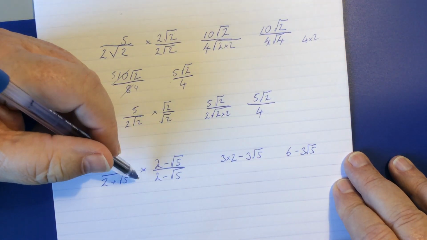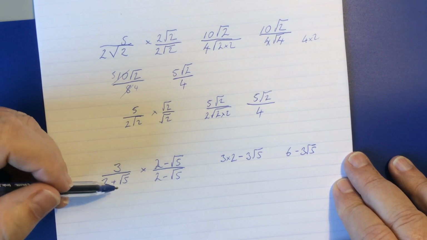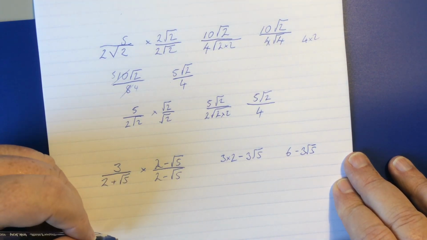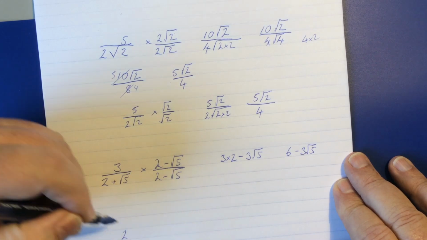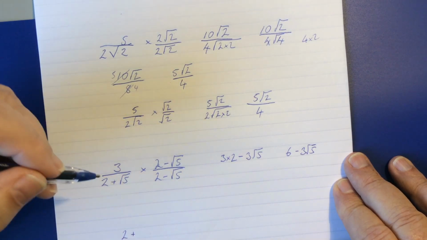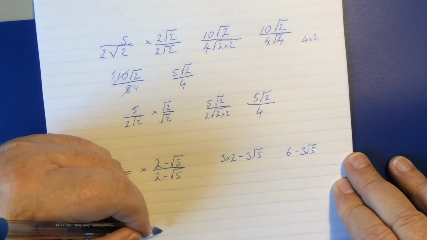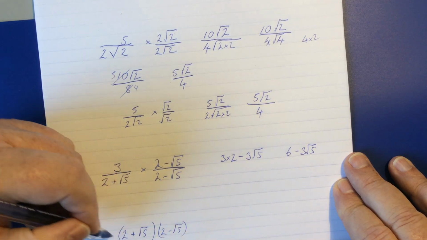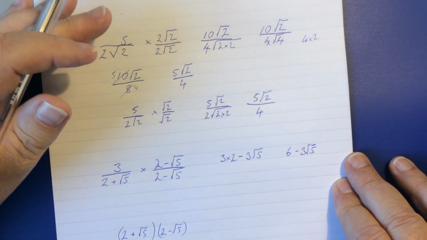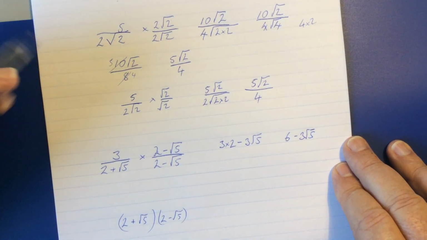And the denominator I'm going to do down here. So we've got 2 plus root 5, 2 minus root 5. Now this should be starting to look a little bit familiar.